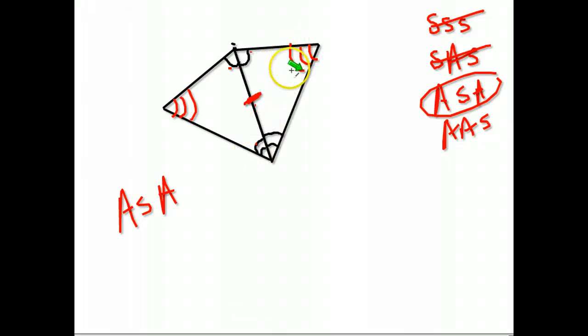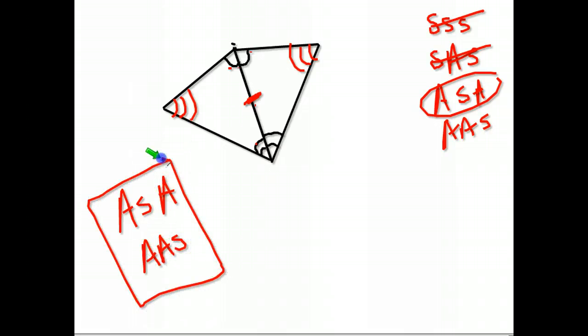And now I also have an angle followed by a side, congruent to an angle followed by a side. So once again on this one, AAS is also an option, because of that third angle theorem. Anytime you have AAS, ASA is also going to be an option, and vice versa.